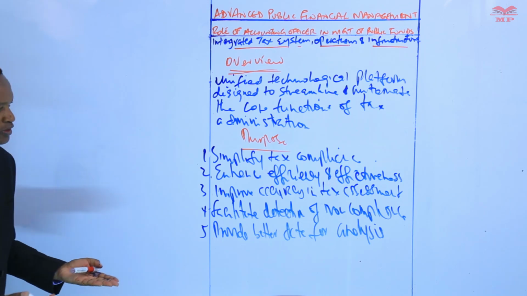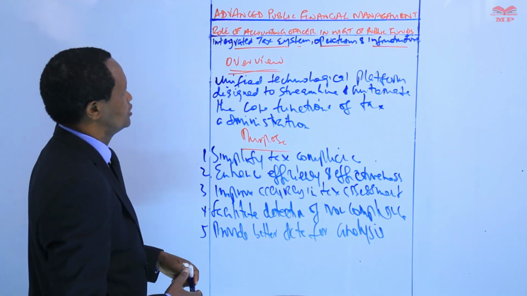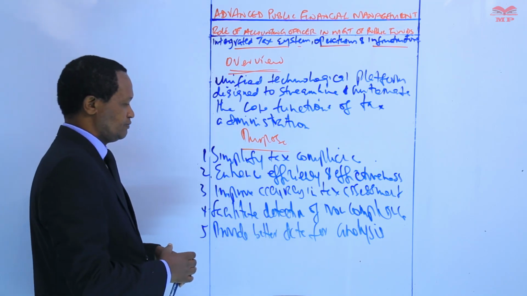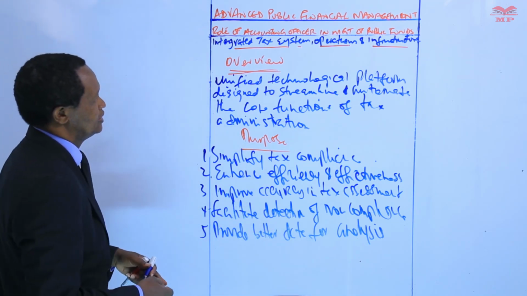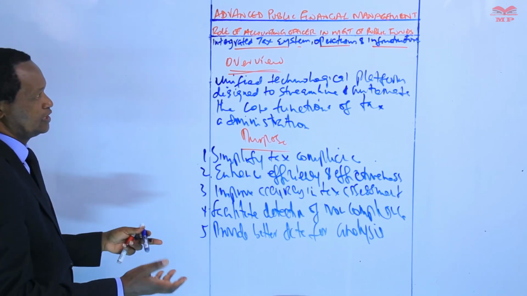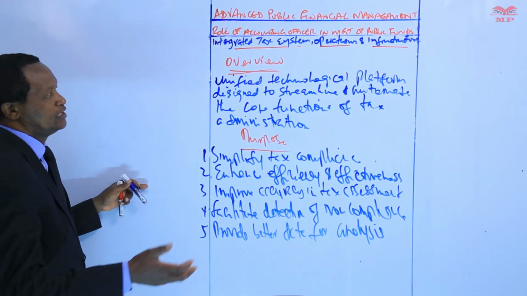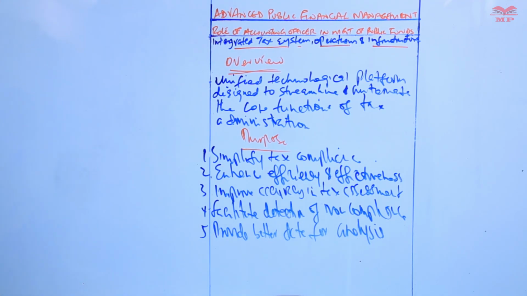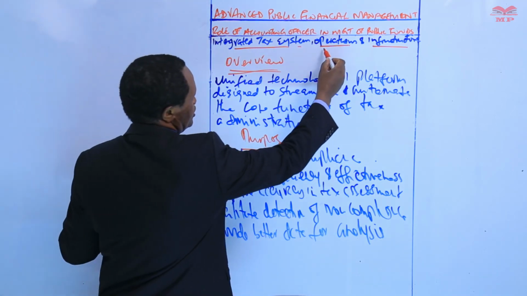So that's all we can say about overview of an integrated tax system. We've defined what an integrated tax system is. We've highlighted the purpose. That is enough to help you get an overview of what an integrated tax system is all about. Let's move on to the operations.